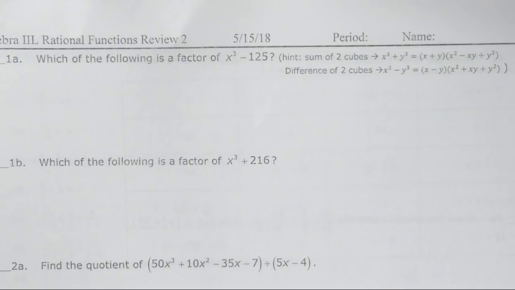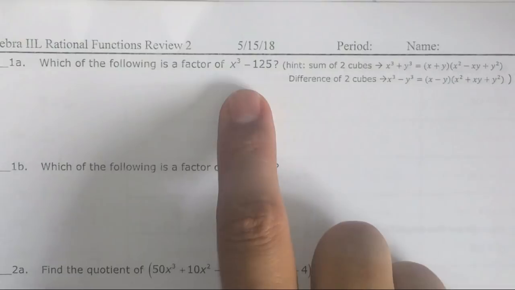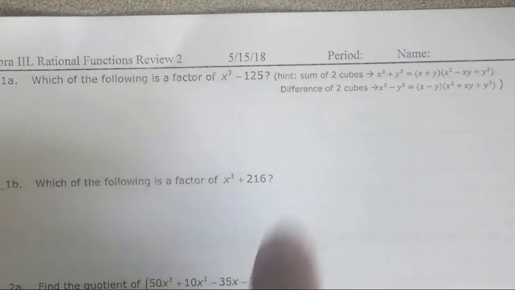So here we go. Alright, first things first. The first one is a factor of a perfect cube, or sum of two cubes or difference of two cubes.